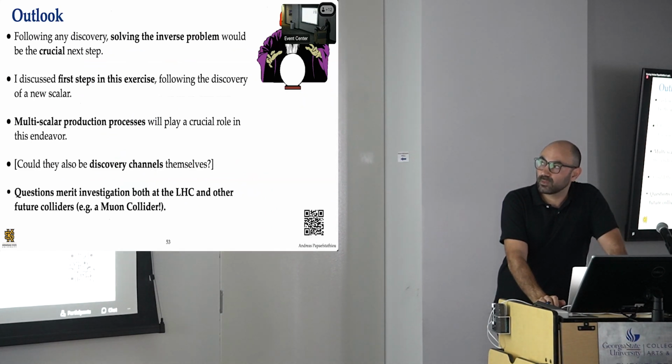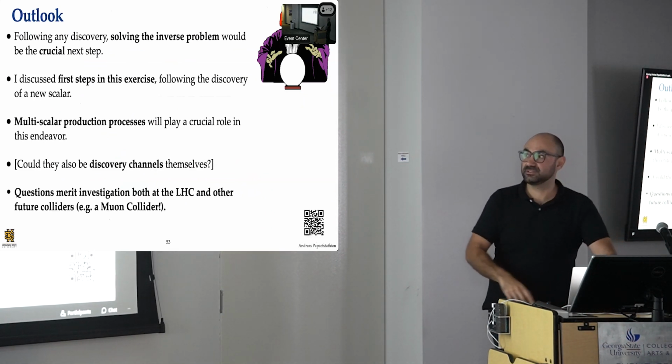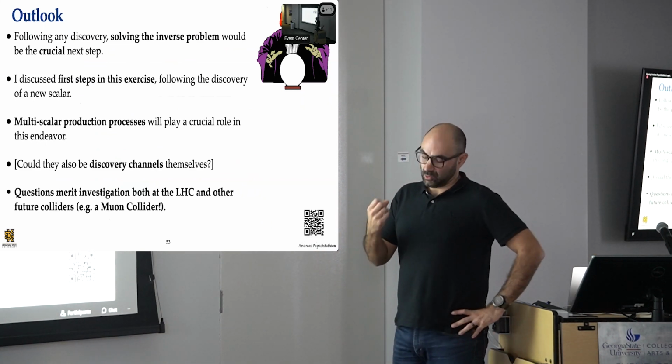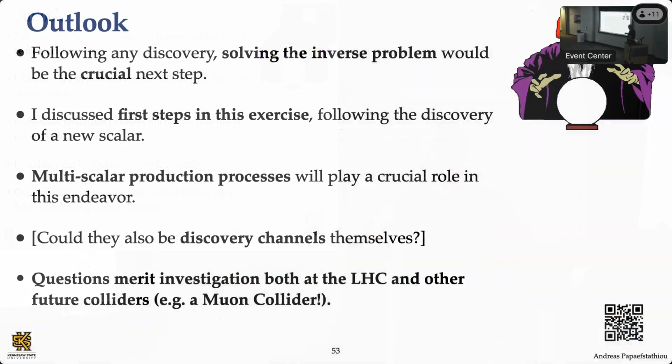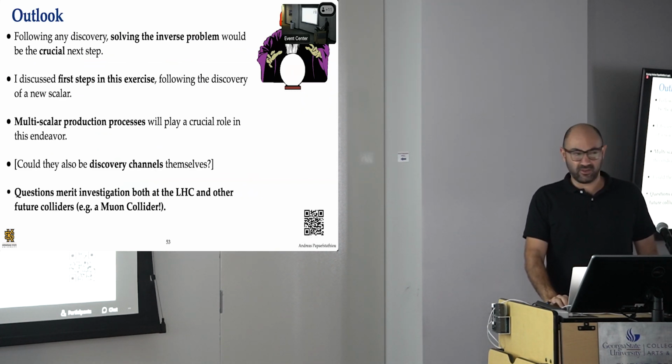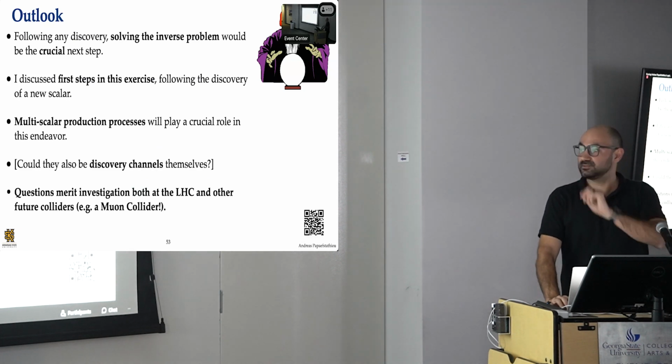Finally, I concluded by saying, if we discover something, we have to figure out whether it corresponds to the theory that we have by solving the inverse problem. I discussed some first steps and claimed, very briefly, that these multi-scalar processes will themselves be interesting. It's also an interesting question whether they can be discovery channels of this model.